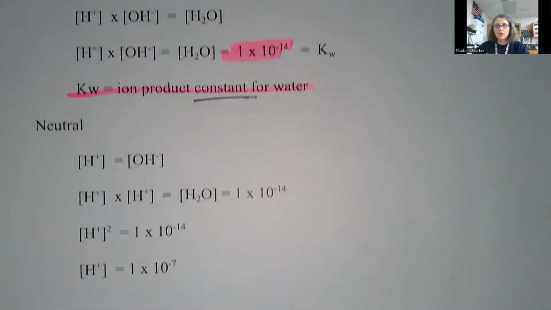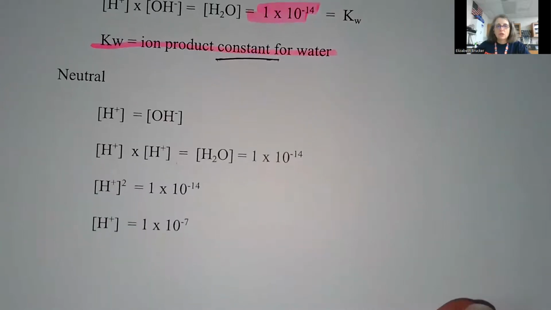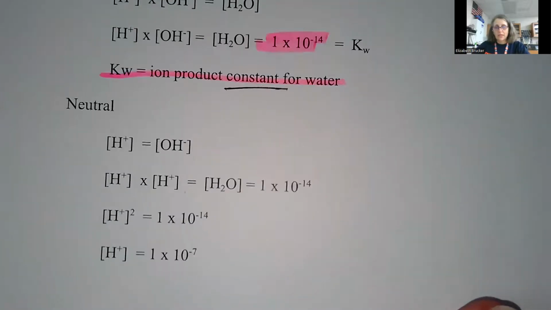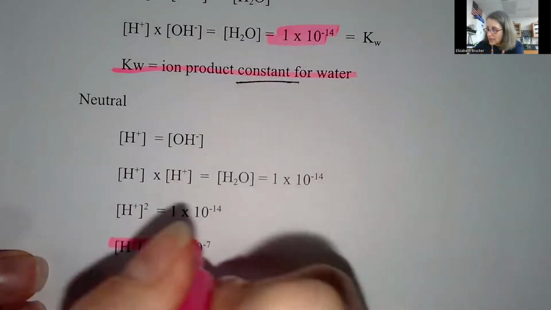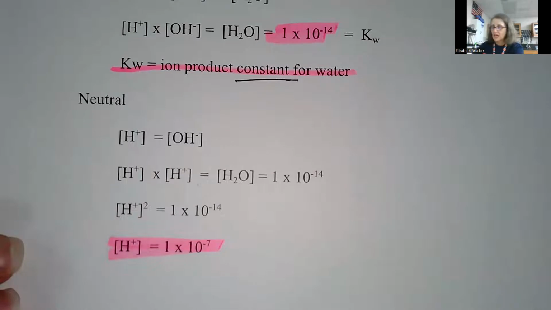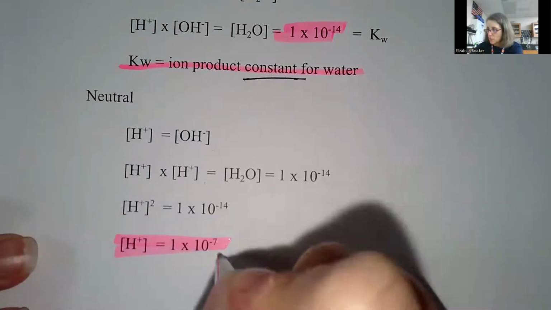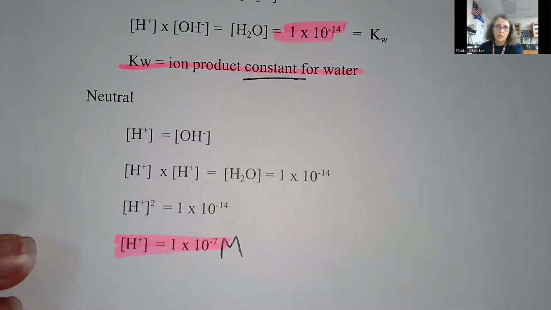So that's the hydrogen ion concentration squared equals 10 to the negative 14th. That means hydrogen at neutral is 10 to the negative 7. That is the concentration. So this is the molarity of H plus at neutrality. This is where we get the pH of 7, okay?